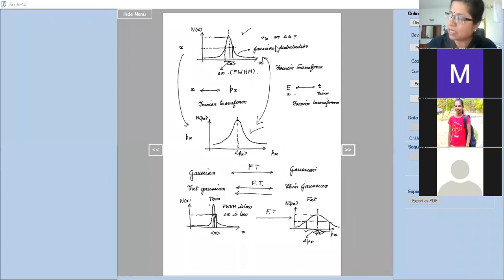The same relation holds for energy and time. This is just a little bit of extra material so that you appreciate what is going on. With this, we will stop talking about the uncertainty principle.